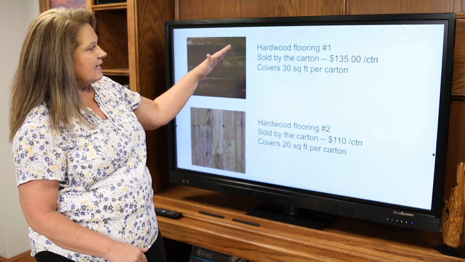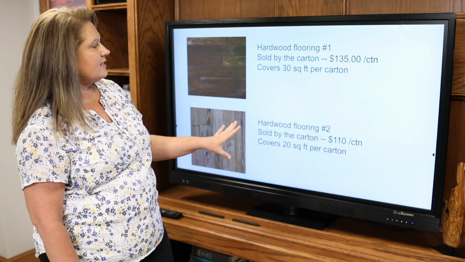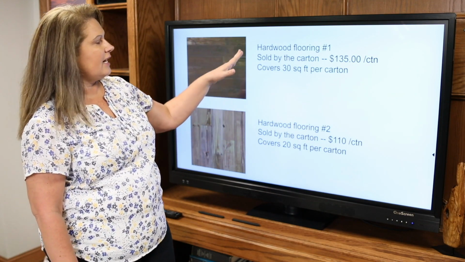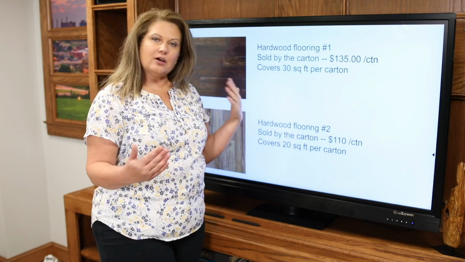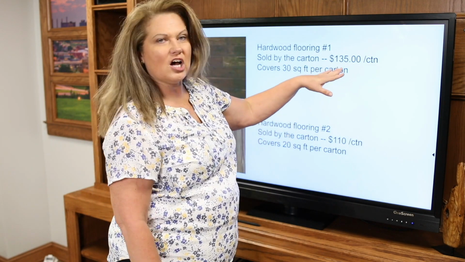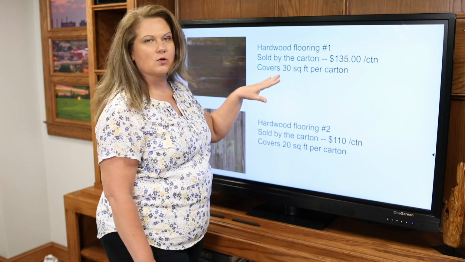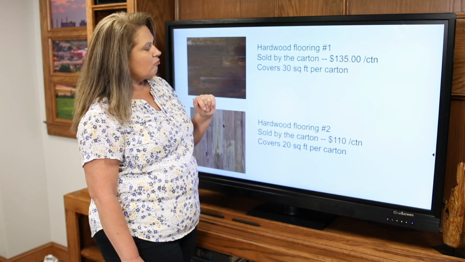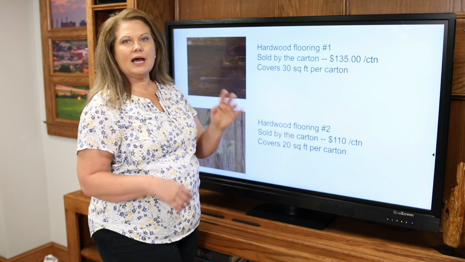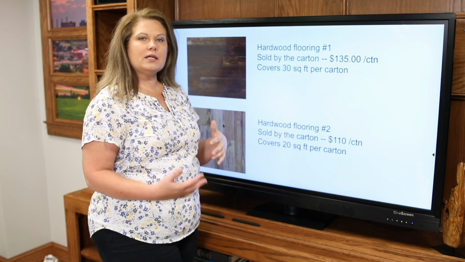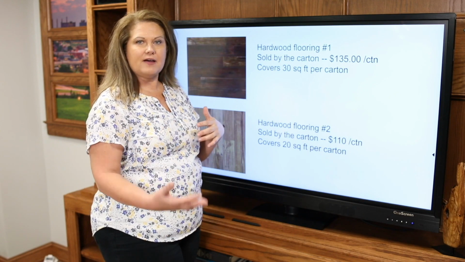Well, at first looking at this, I can tell the difference. I have 30 square feet compared to 20 square feet. Common sense tells you, okay, it's going to cost me more money because I'm getting more square footage. But really, which one is the best deal? So we have to determine which one is going to give us the best value.